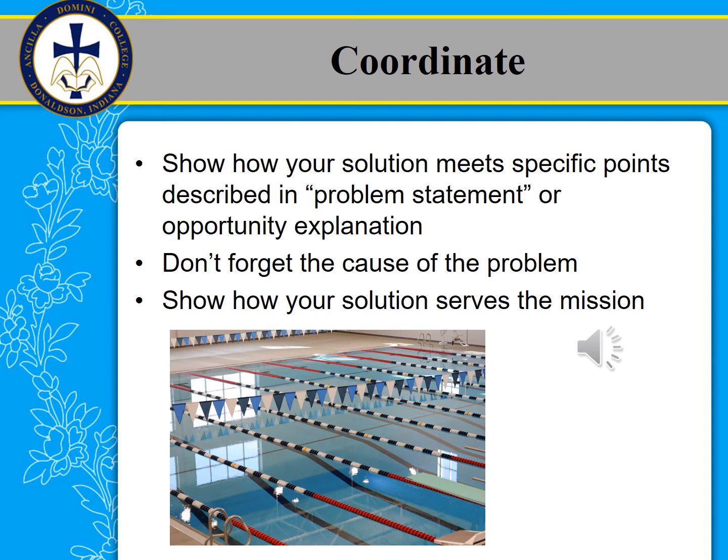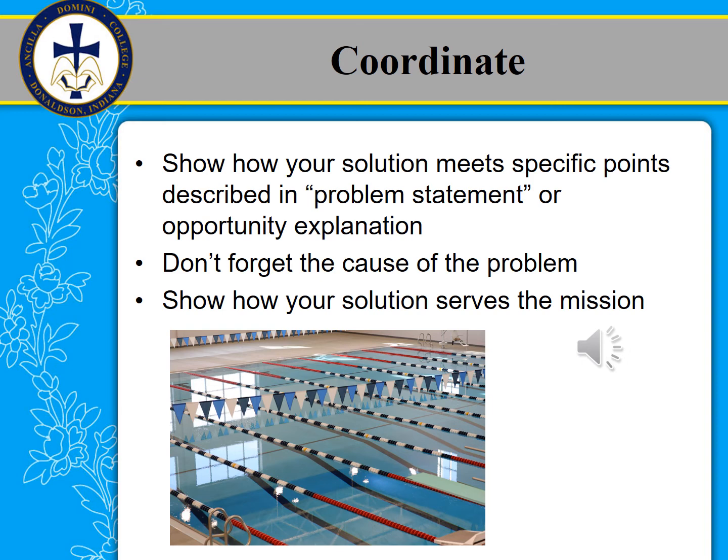So by addressing the cause, that's going to help you coordinate. And so when you come to the solution, you could provide solutions like discounted tickets, or a program for college students, or targeting acts that young adults are more likely to get into, and do your research that way.